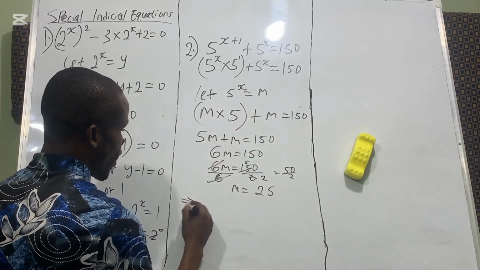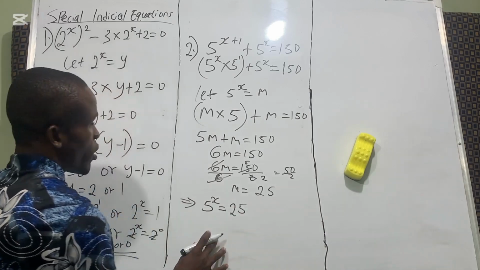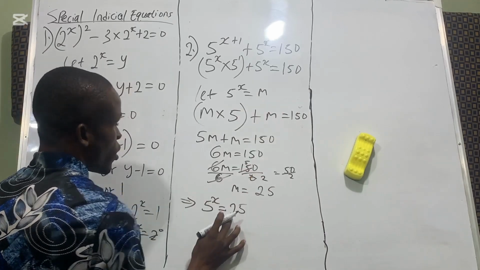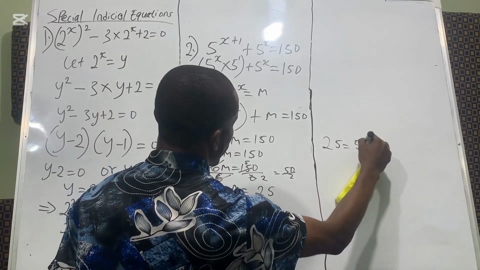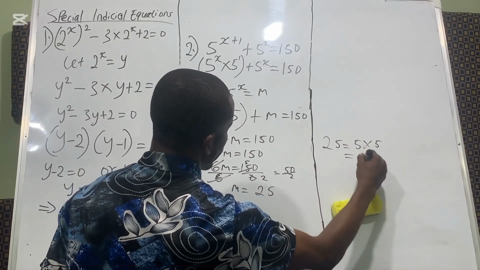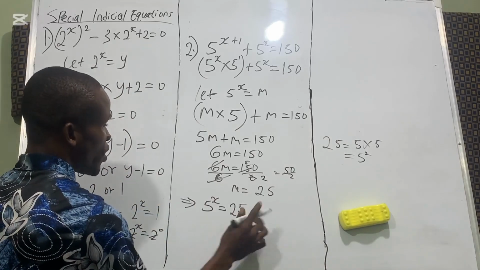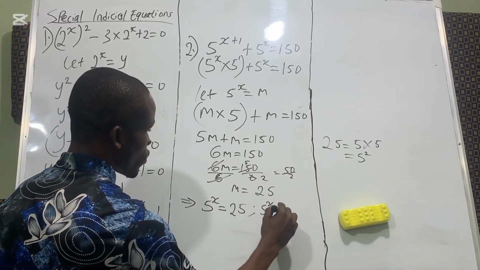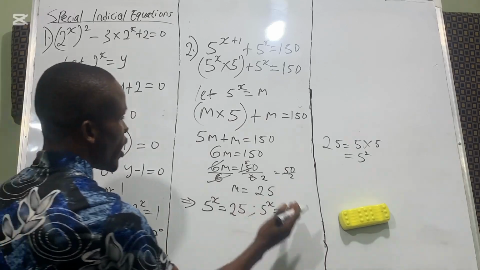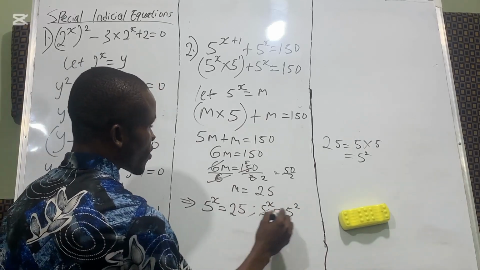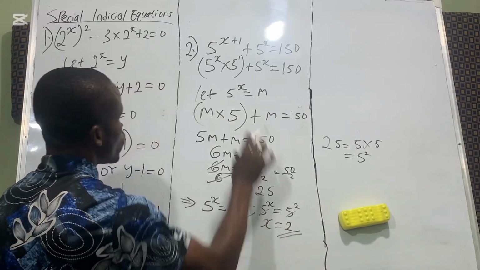So 5 to the power of x equals 25. Now 25 is 5 times 5, that's 5 squared. So we can rewrite this as 5 to the power of x equals 5 squared. From the index of same base, the bases cancel out, and x equals 2, which is the final solution to this question.